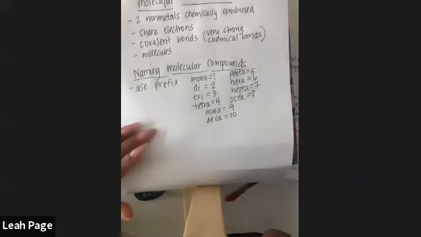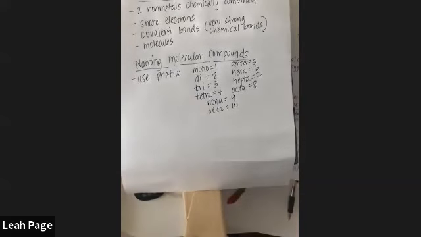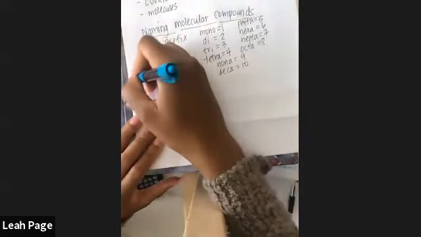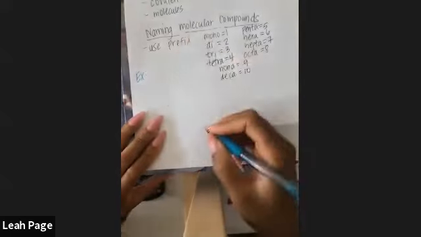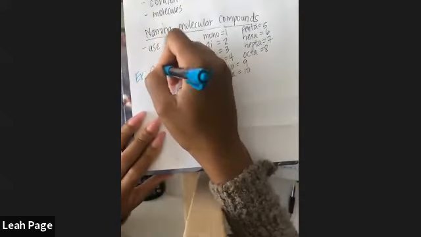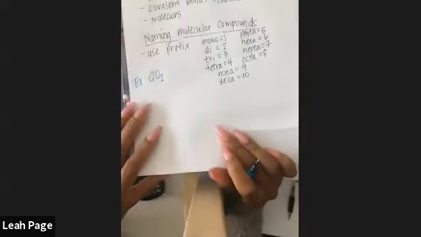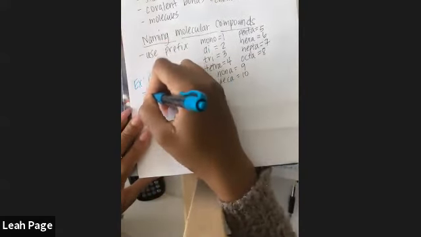All right, so for example, when we are talking about molecular compounds, one that comes up a lot that you guys have heard of is CO2. CO2 stands for carbon dioxide.